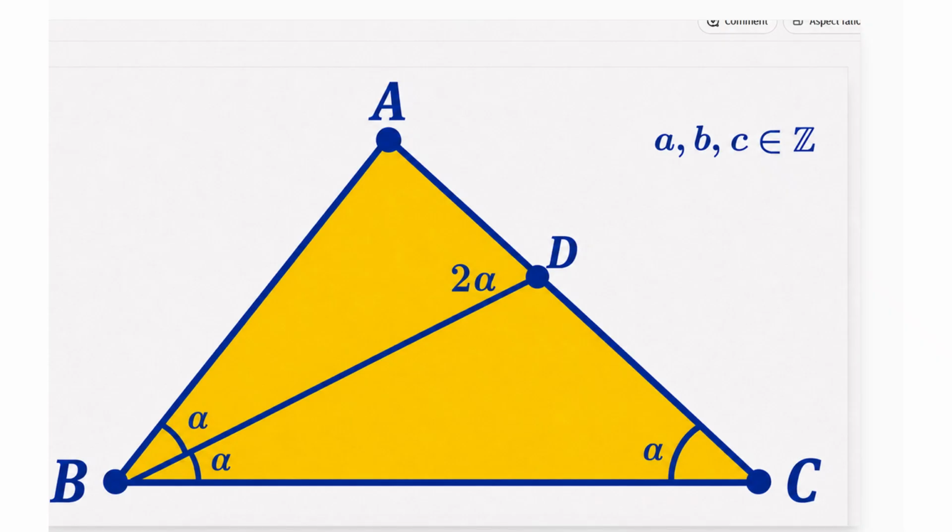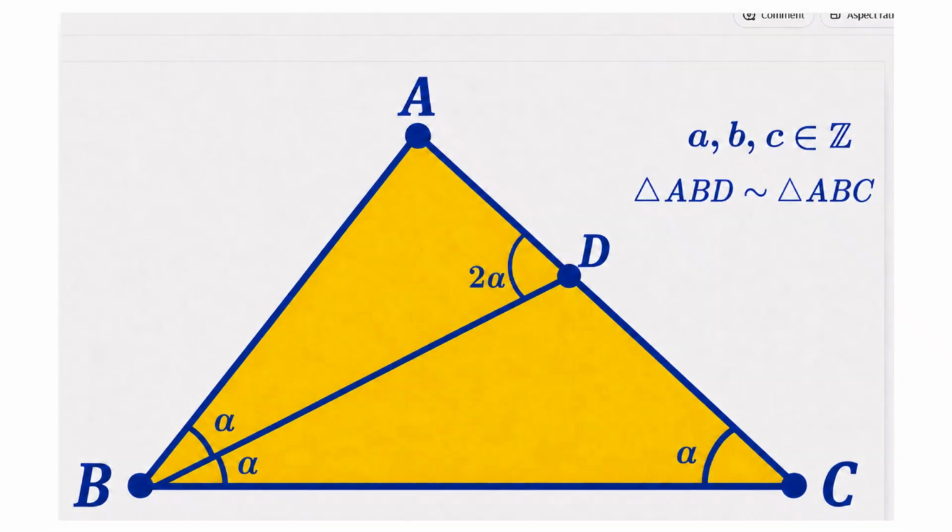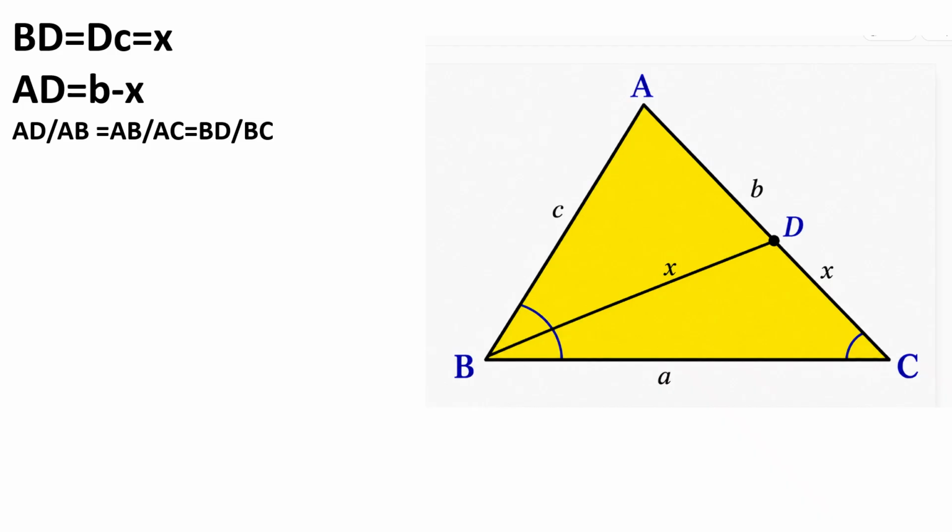If you observe this figure very carefully, you will see triangle ABD similar to ABC because in ABD we have two angles of alpha and 2 alpha. In triangle ABC we have two angles of alpha and 2 alpha as well. The angle C is alpha and B is 2 alpha.